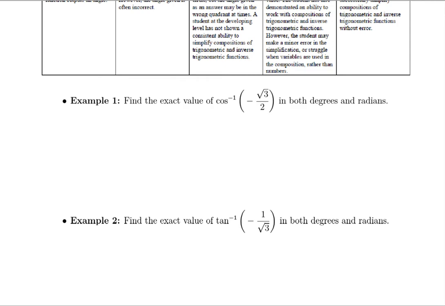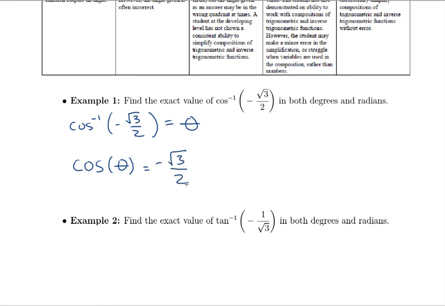All right, so in this first one, we're taking the inverse cosine of negative square root of 3 over 2. And the key here is always remembering, what does an inverse give you? It gives you an angle, right? So what we're looking for is an angle so that if you take its cosine, you get negative square root of 3 over 2.